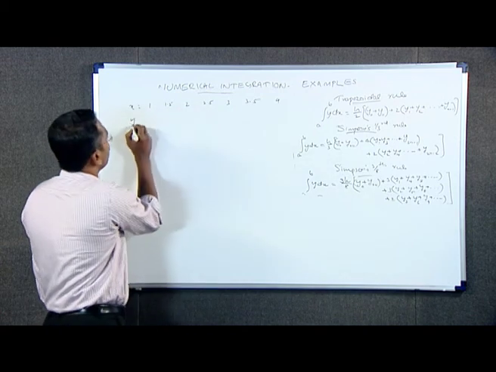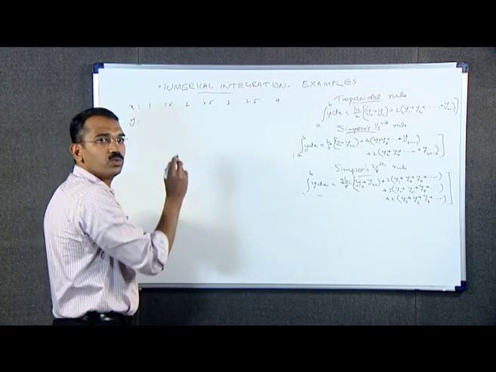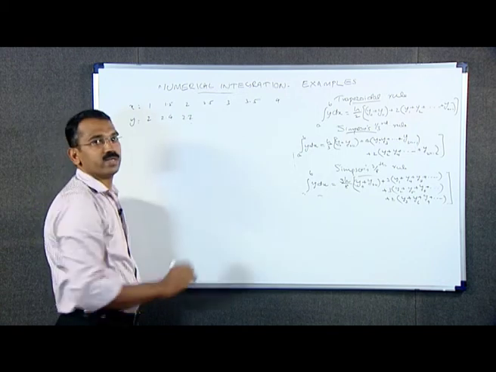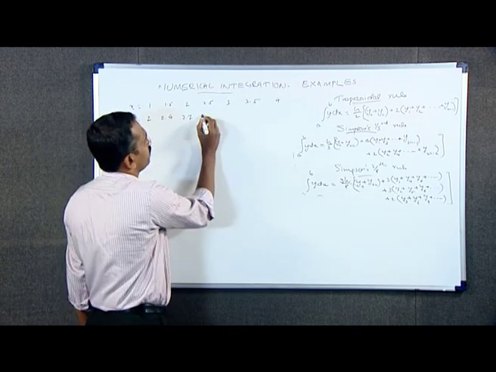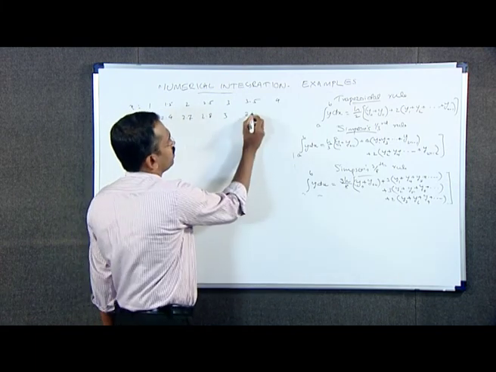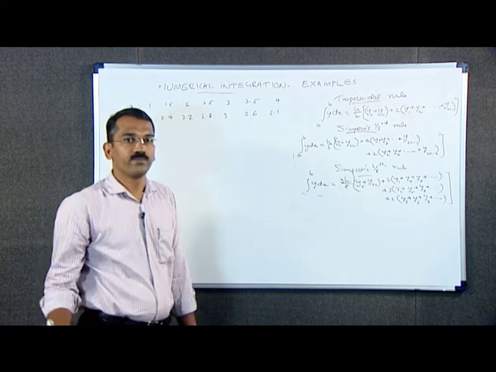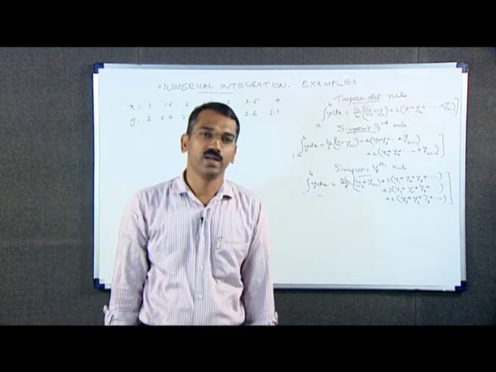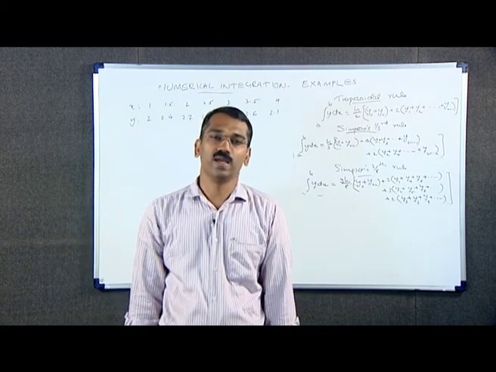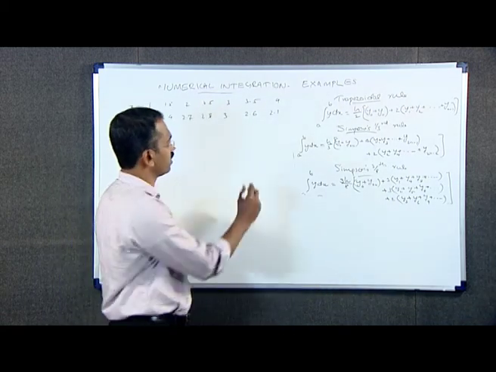The corresponding y values are 2, 2.4, 2.7, 2.8, 3, 2.6 and 2.1. Then find the area bounded by the curve, the x-axis and the lines at x equal to 1 and x equal to 4.